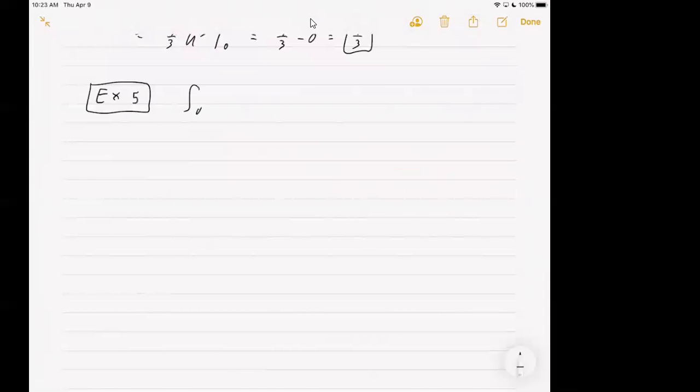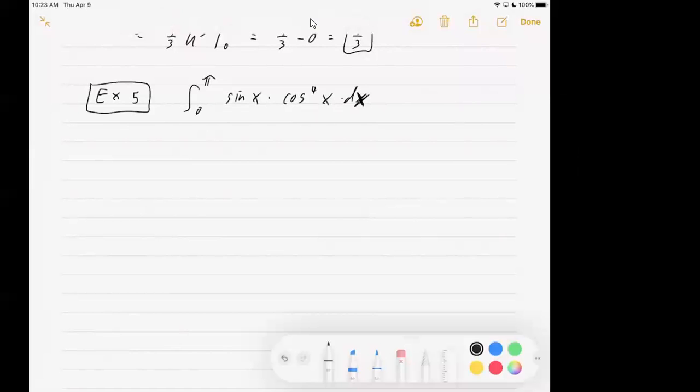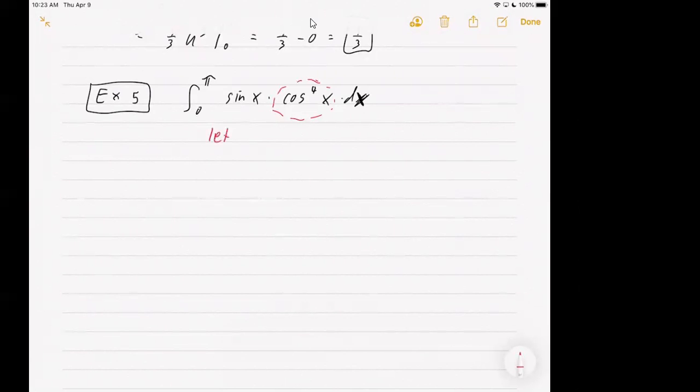Let's do the integral from 0 to pi of sine x cosine to the 4th x dx, all right? So you can see the sine of x is to the first power, so don't substitute for the sine of x. We want to substitute for the cosine of x, because its derivative will be almost the sine of x.